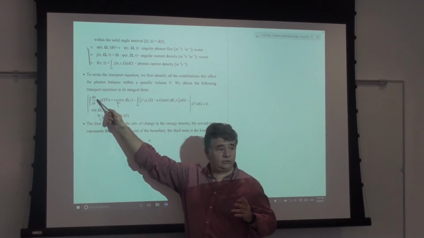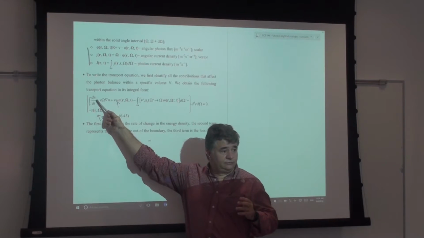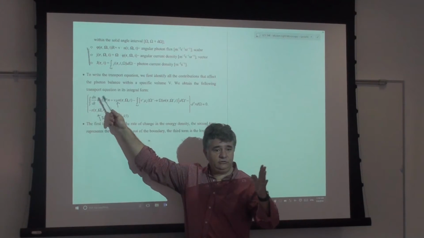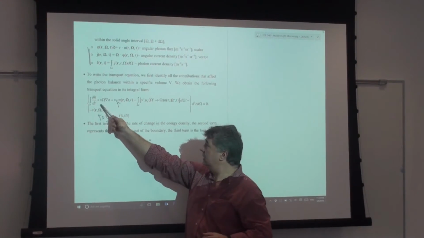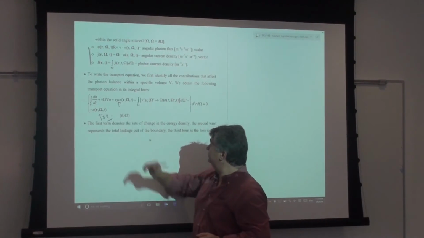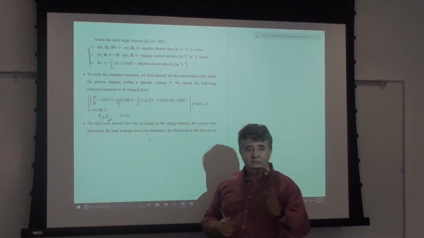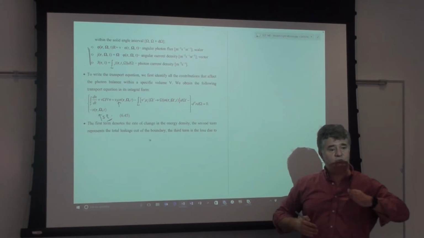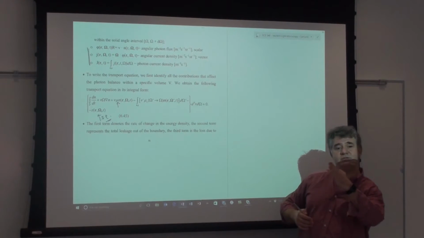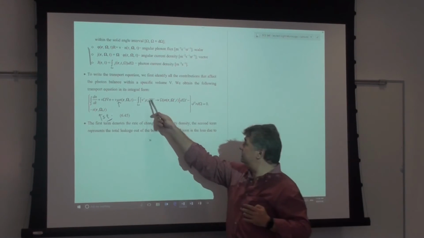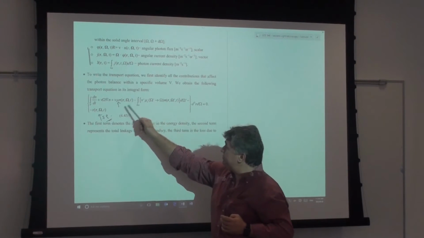Which tends to bring the concentration down. So if this scattered at an angle, it is no longer in this group. But I can have the reverse. I can have light that was at omega prime and got scattered into my direction of interest. And that acts as a source.